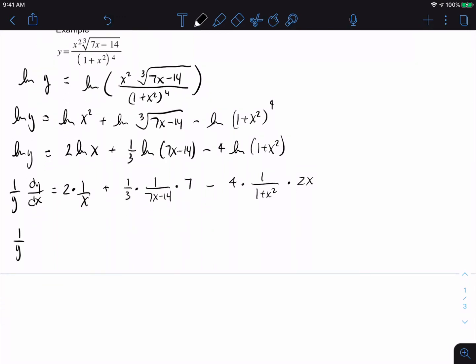So I'm going to get 1 over y dy dx is equal to 2 over x plus, I'm going to do a little manipulation here, 1 over 3 times x minus 2, minus 8x over 1 plus x squared.